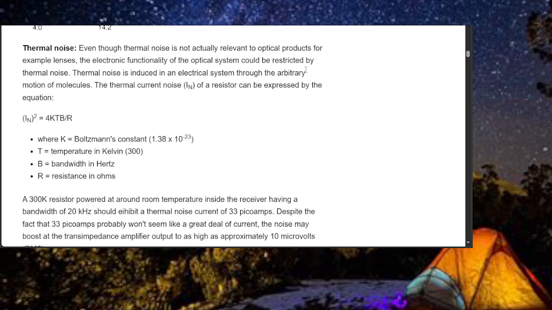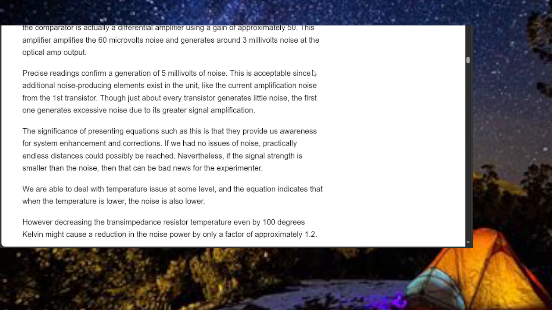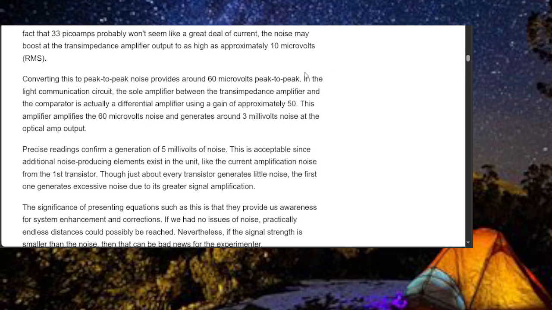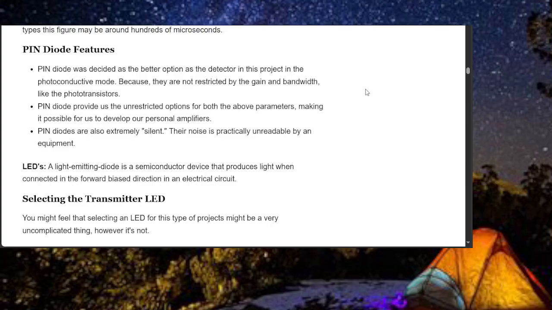Thermal noise. It's a nice little website here. 60 microvolts of noise and generates 3 millivolts of noise at the optical amp output, and so on. Pin diode features.